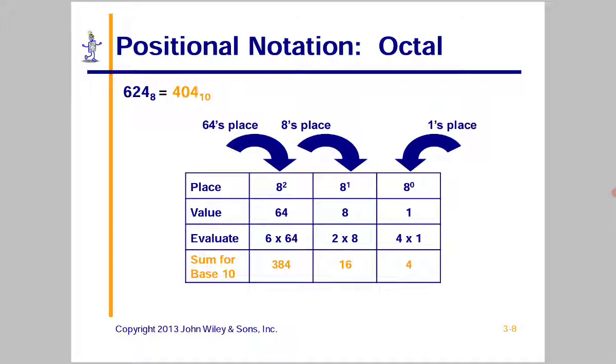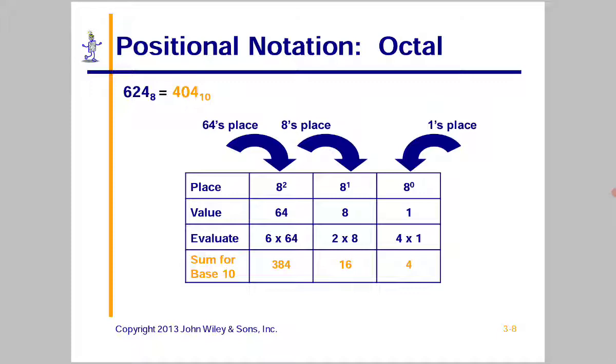Starting from the extreme right digit, that is 4, into the base, which is 8. So 4 into 8 power 0, plus 2 into 8 power 1, plus 6 into 8 square. 8 power 0 means 1, 8 power 1 means 8, and 8 square means 64.